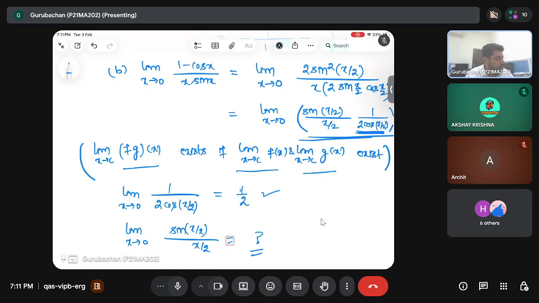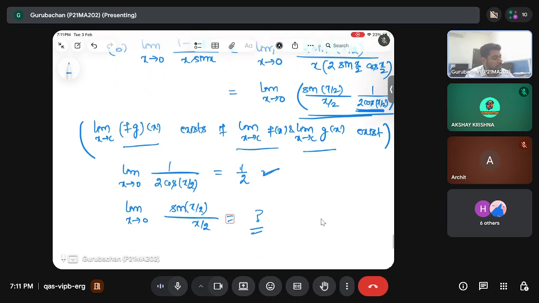Now I need to prove that this limit exists. In class there is an example that sin x by x is 1. So how can you claim that sin(x/2) divided by x/2 is 1? So you need to claim this. How will you do it?